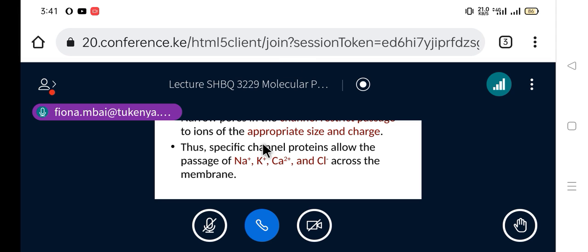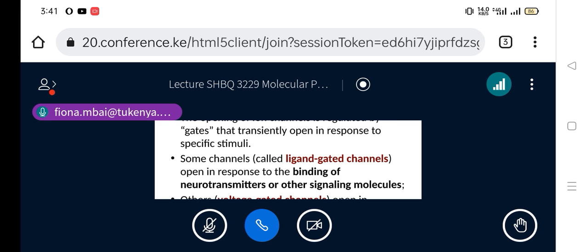And ion channels are very selective. The narrow pores of channels will restrict passage to the appropriate size and charge. We've been through that. And of course, the specific channel proteins allow the passage of sodium, potassium, calcium, and chloride across the membrane. You can see some repetition in what we've just gone through on the co-transporters and the exchanges.